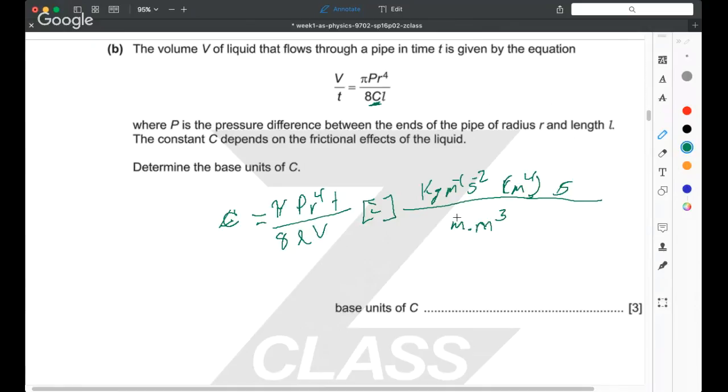So if you combine this, it's meters to the 4 over meters to the 4. This one with this one eliminates. This one with this one eliminates. So we get kg m minus 1 s minus 1, and those are the units.